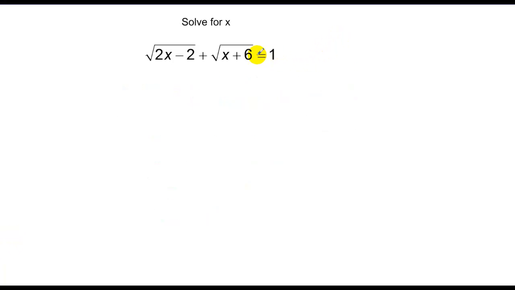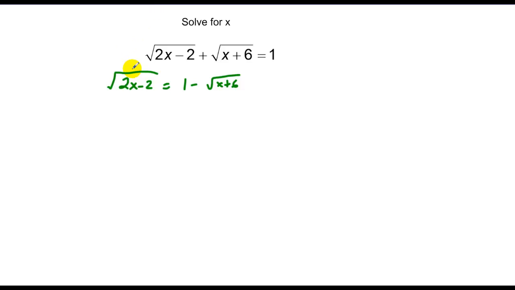This problem is even more complicated because both roots are pretty difficult. Since I have more of a coefficient term in front of this x here, I'm going to dictate this to be my most difficult radical. So I have 2x minus 2 equaling 1 minus root x plus 6.